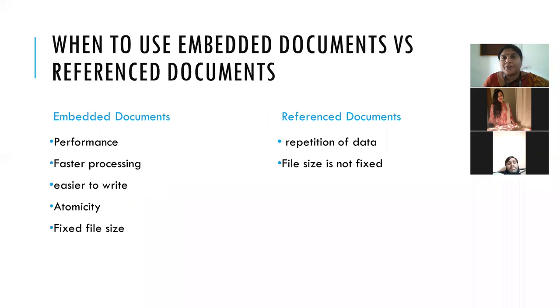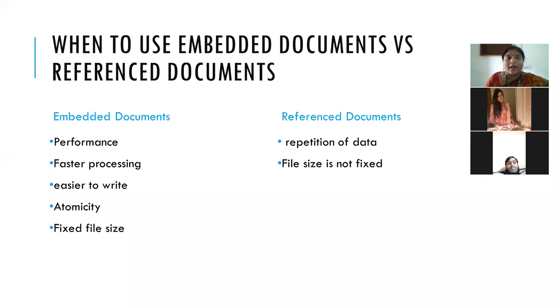And when to use embedded document and when to use reference document, you should be very clear. Okay, so the embedded documents can be used when you want high performance, because both the parent and child are put together in a single collection, and faster processing, easier to write. The queries can be written easily because we need not put all this aggregate, lookup, match, all these functions here.